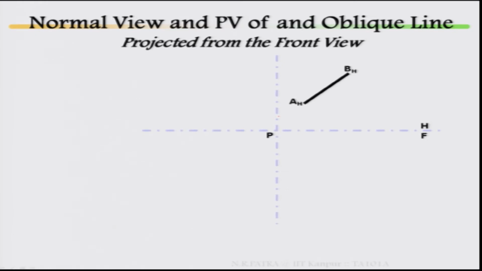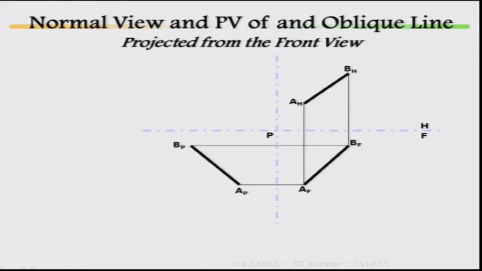This is your top view AH and BH, this is your front view AF and BF. Earlier, whatever we drew was with respect to your top view. Now we are going to draw the true length of a line as well as the point view with respect to the front view. Then this is your side view AP and BP, that means the profile plane.